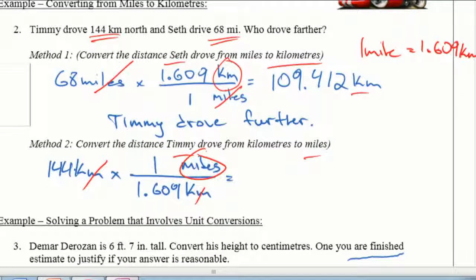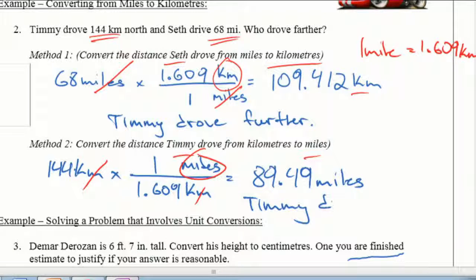On my calculator, 144 divided by 1.609 gives me 89.49 miles. 89 is definitely further than the 68, so same answer as before. Timmy drove further.